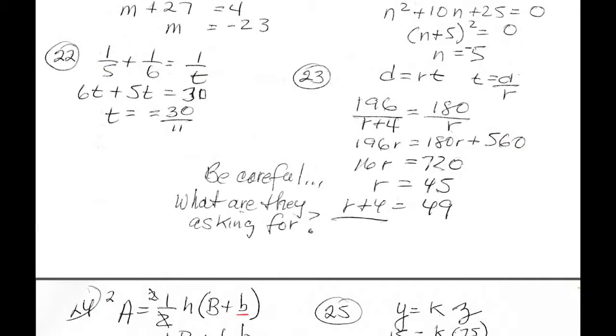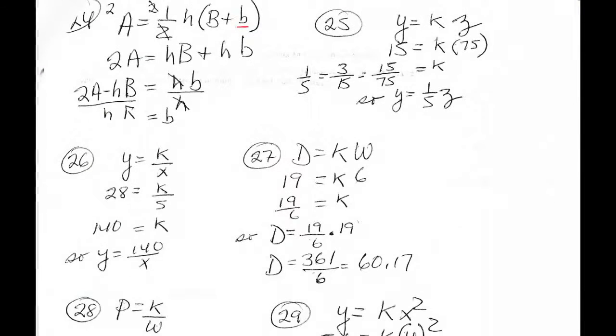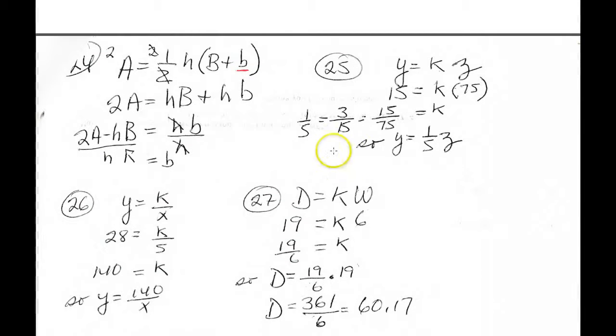Okay, last page coming up here. Here they're asking us to solve for certain letters. Well, first thing, from a long time ago, get rid of the fractions. Multiply both sides by 2. Here the 2's cancel out. Then get rid of parentheses.